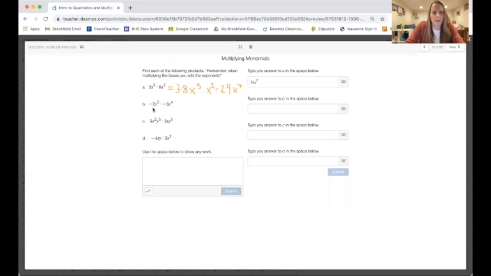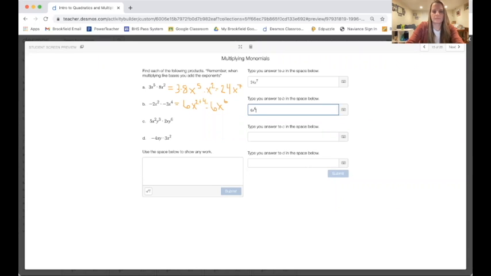Same strategy in all the other ones. So I'm going to do -2 times -3, which is +6. And then x to the 2 plus 4 is 6. So 6x to the 6th. And we're going to do the next one.